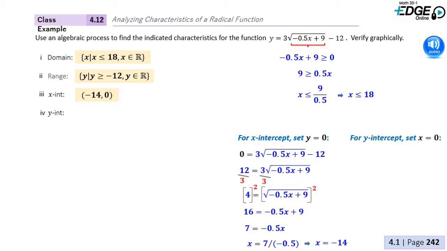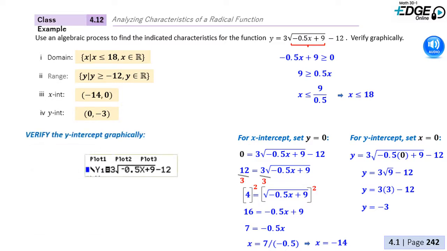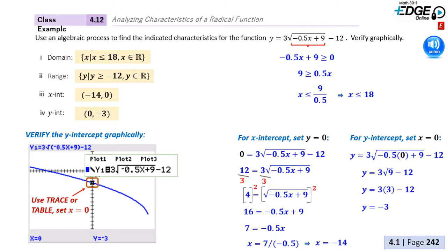Let's find the y-intercept by replacing x with 0. We find the point 0 and negative 3 and can again confirm this graphically. Hopefully, you felt confident finding those 4 characteristics of this function.